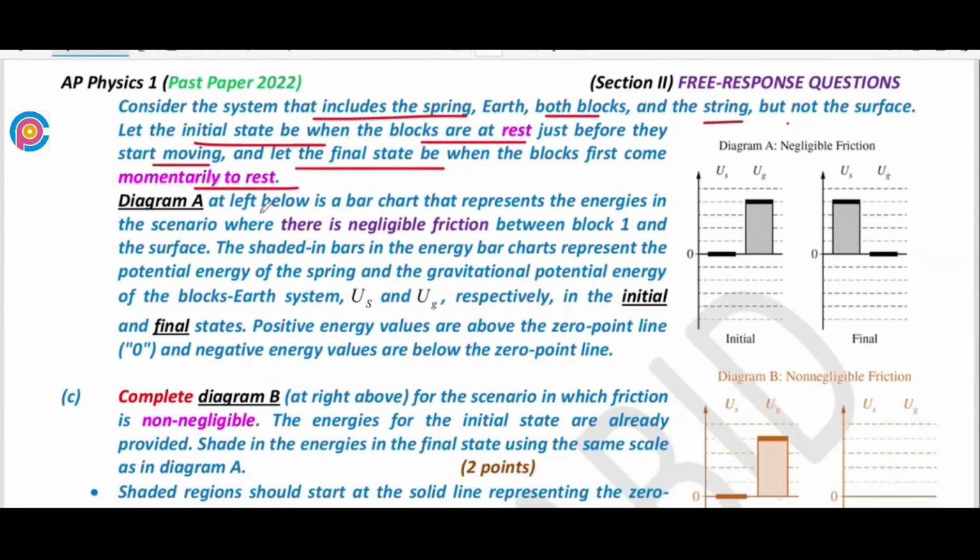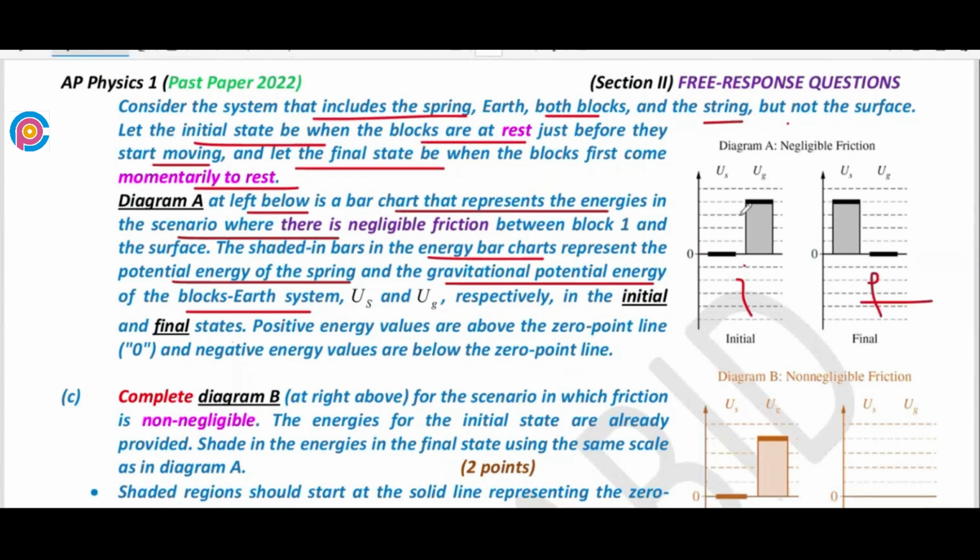This is diagram A. At the left is a bar chart that represents the energy in the scenario where there is negligible friction between block 1 and the surface. The shaded bar is the energy. The bar chart represents the potential energy of the spring and the gravitational potential energy of the block-earth system, US and UG respectively, for the initial and final states.